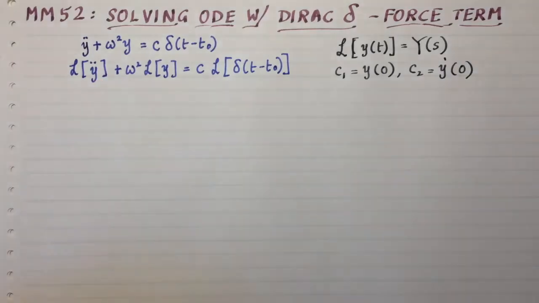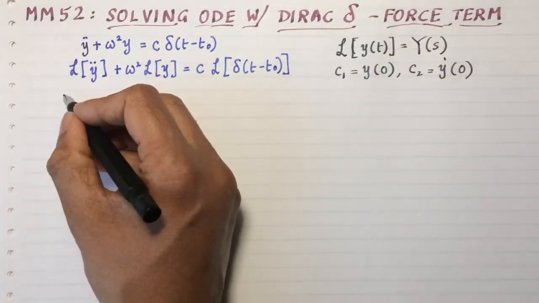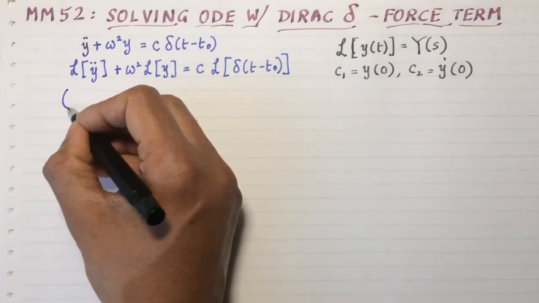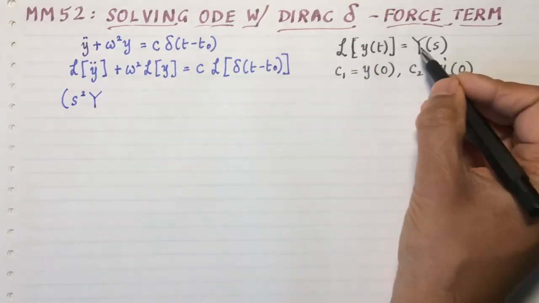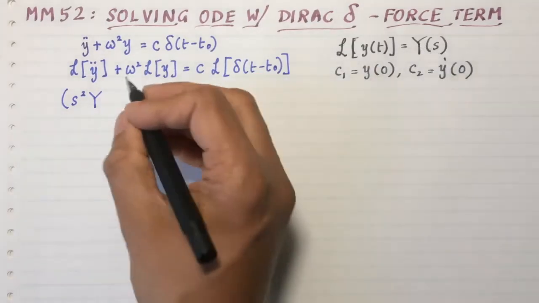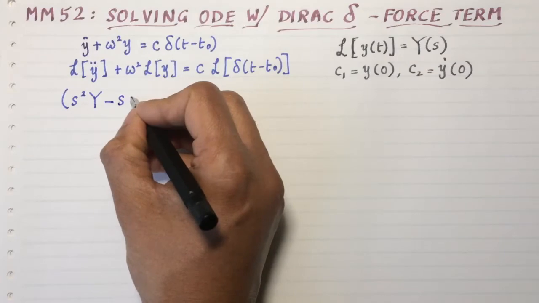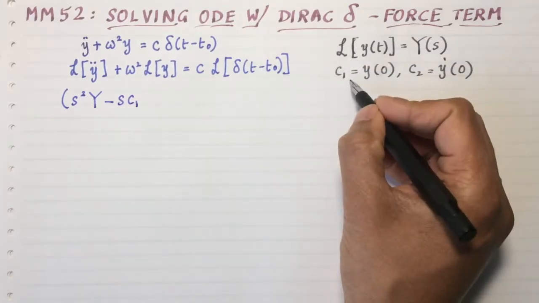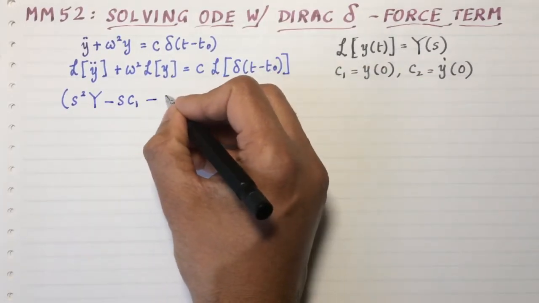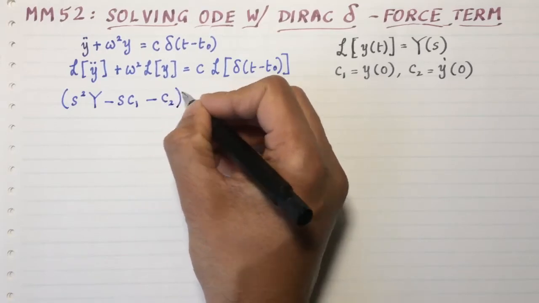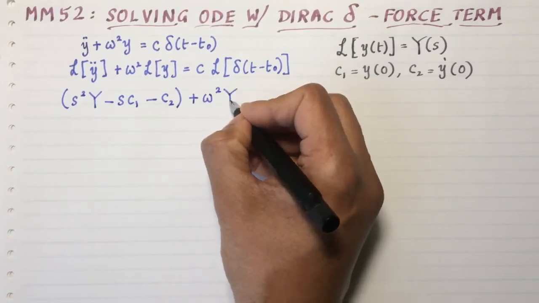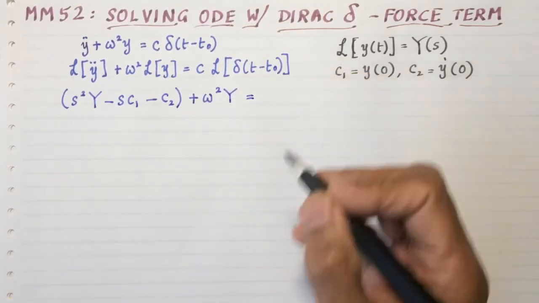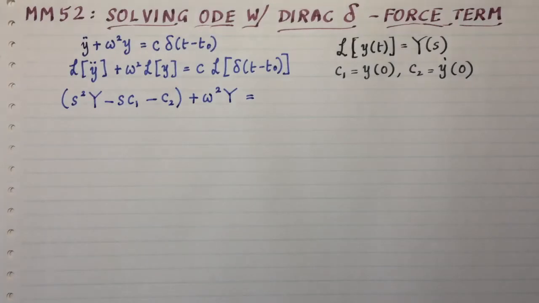From the previous video, we know that the Laplace transform of the second derivative is going to be s squared times the Laplace transform of y itself, which I've indicated as capital Y, minus s times the first initial condition minus the second initial condition. So it's a descending polynomial, plus omega squared capital Y equals the Laplace transform of the delta function t minus t naught.